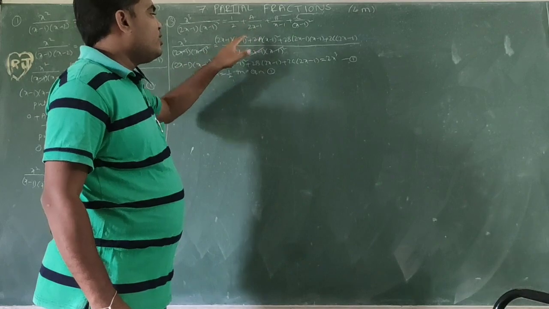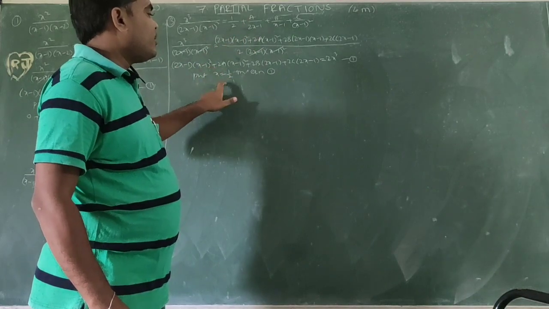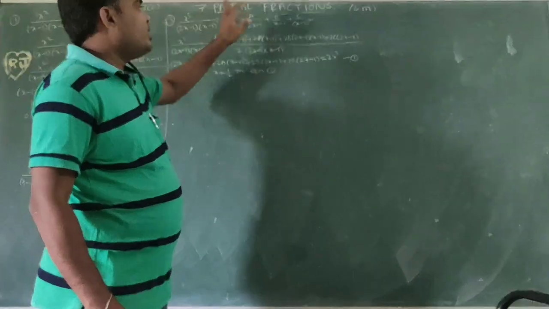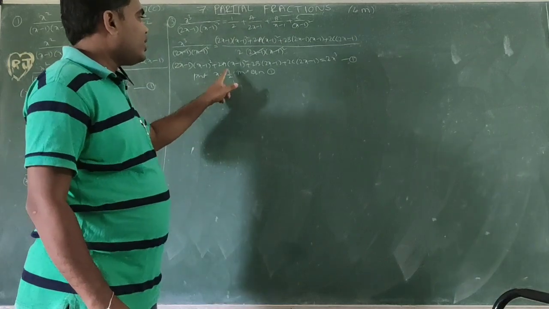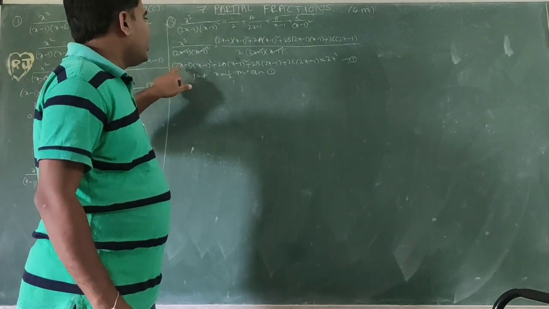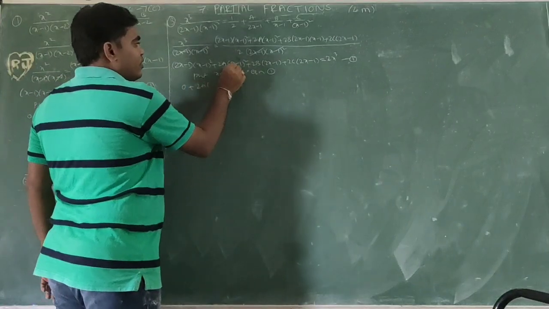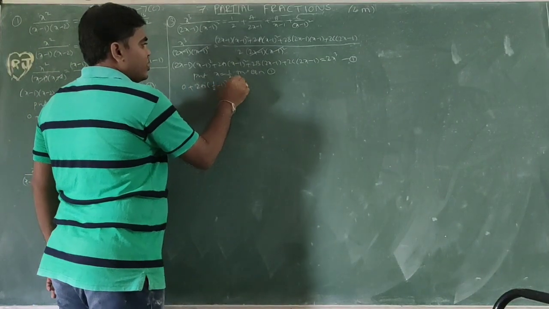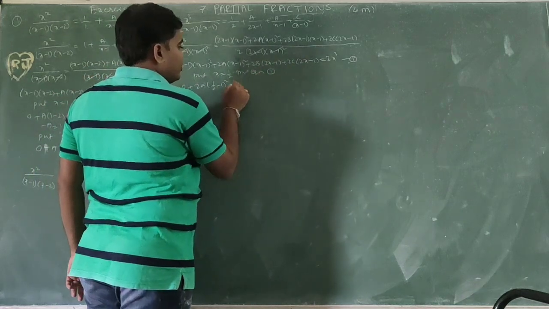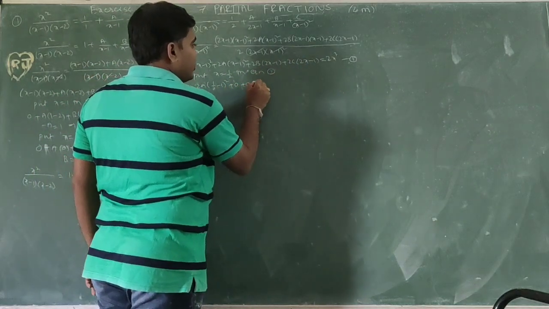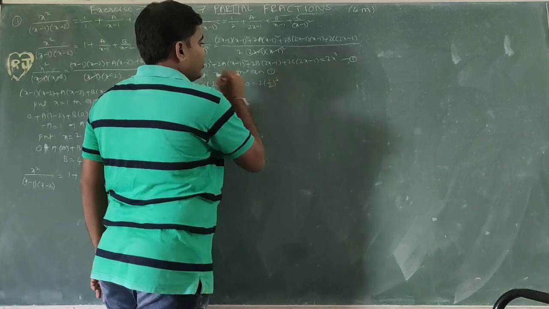If we substitute x equal to 1 by 2, we will get a. So if we substitute x equal to 1 by 2, 2x minus 1 is 0. This is 0 plus 2a of (1 by 2 minus 1) whole square. 2x minus 1 is 0, equal to 2 of (1 by 2) whole cube.